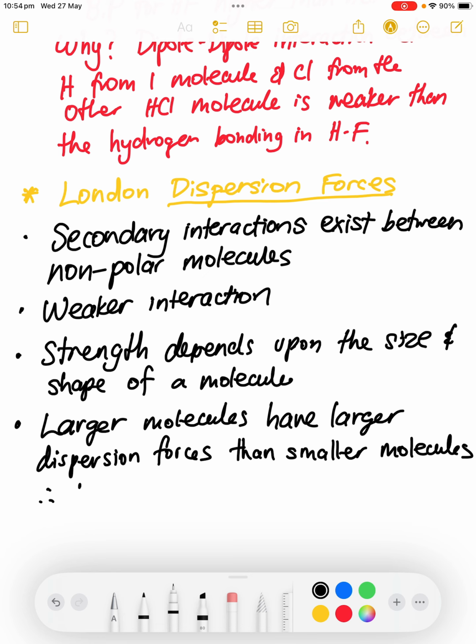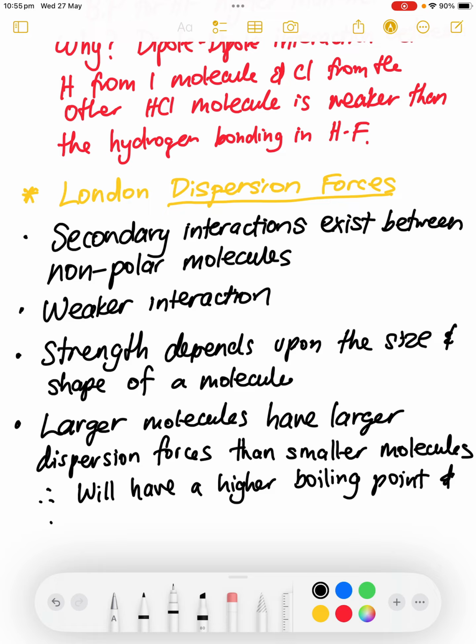Therefore, they will have a higher boiling point and melting point too.